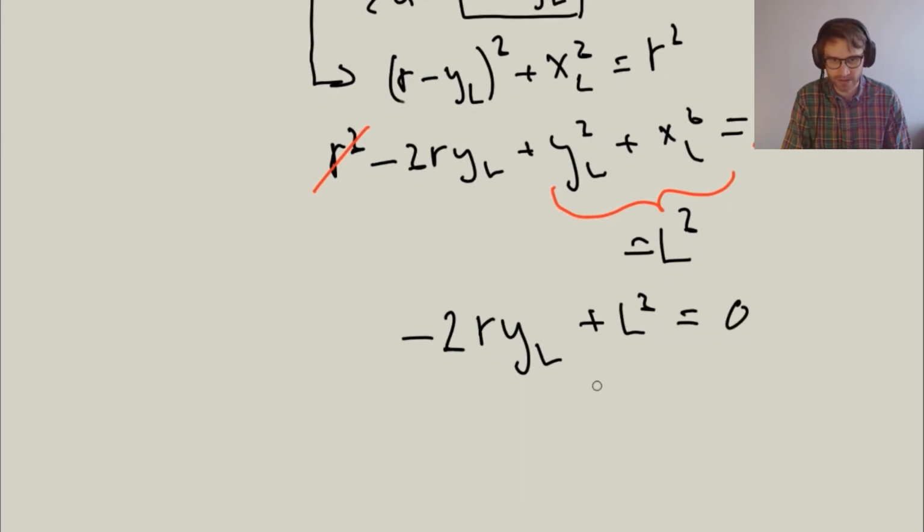And now solving for R, we get R is L squared divided by 2 YL.